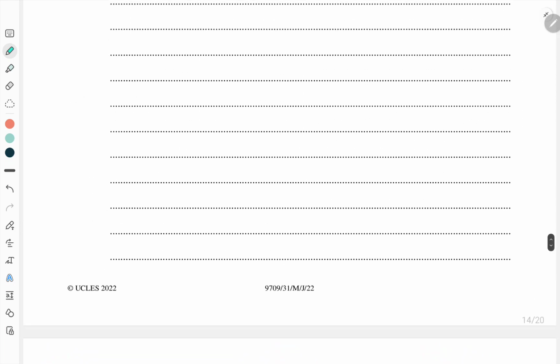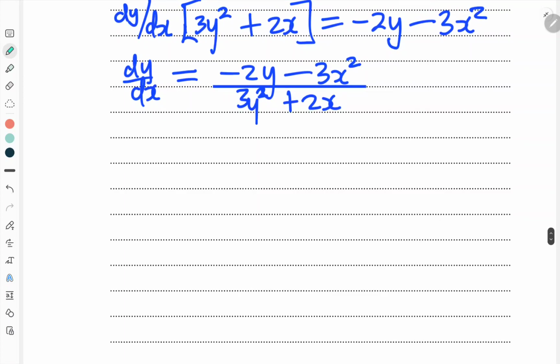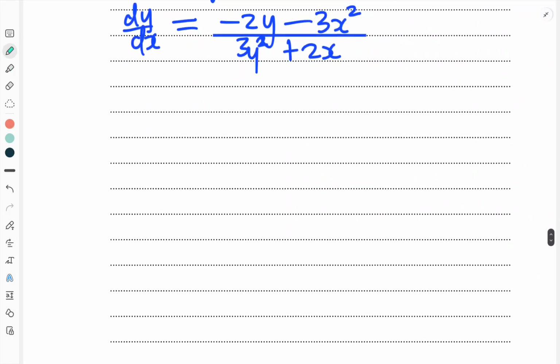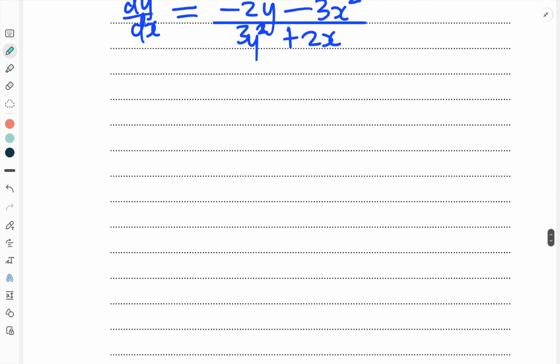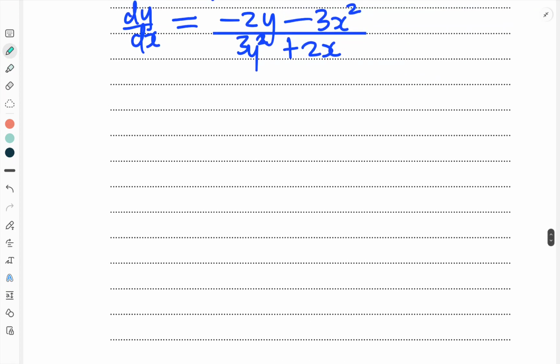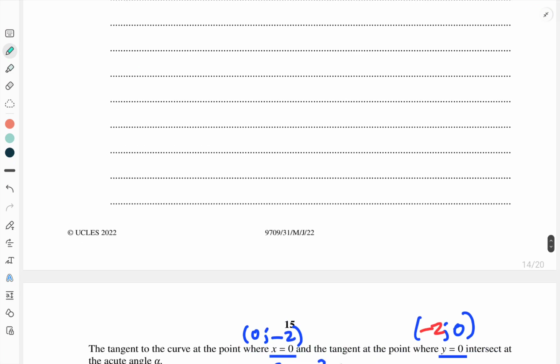So our dy/dx was -2y minus 3x squared over 3y squared plus 2x.